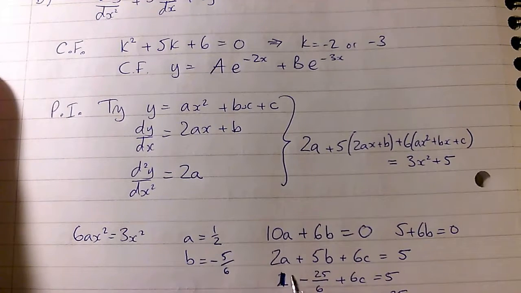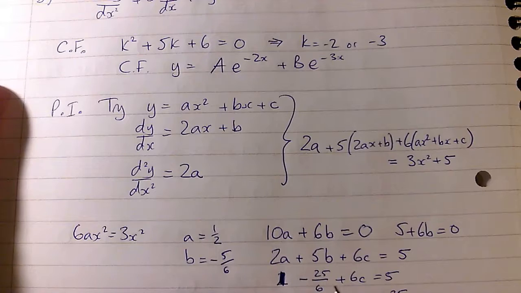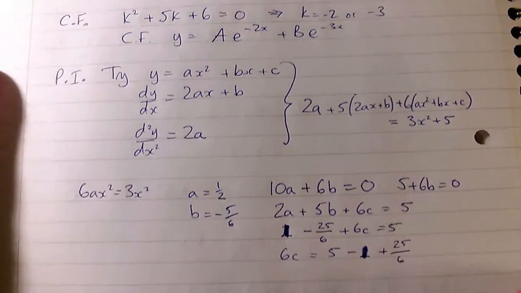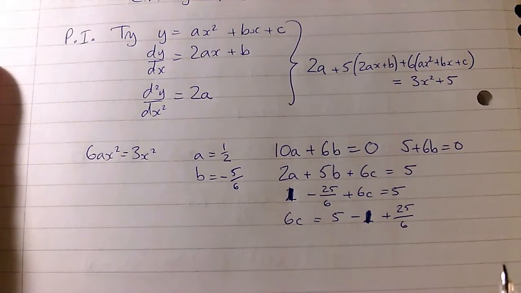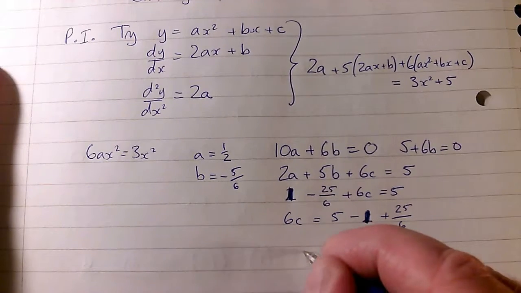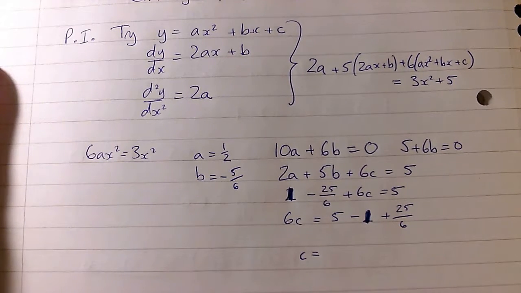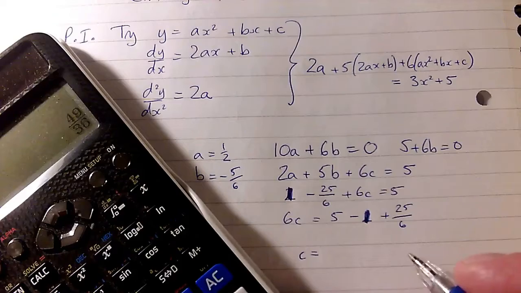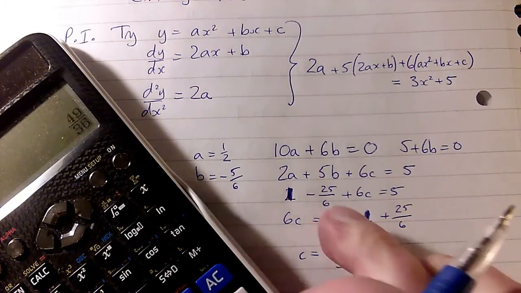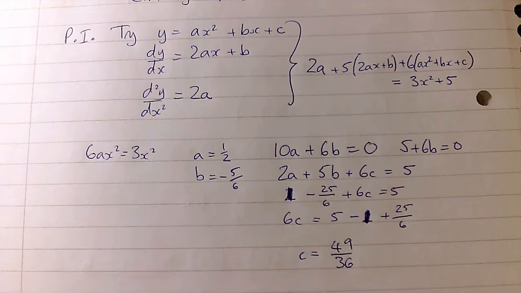And when I substitute in my values of a, b, and c, 2a is 1, 5b is minus 25 over 6, okay, and I can just rearrange that. So 6c is going to be 5 minus 1 plus 25 over 6. Lob that in my calculator, divide it by 6, and you get c equals 49 over 36. So we're pretty much done, except we now need to put everything together.